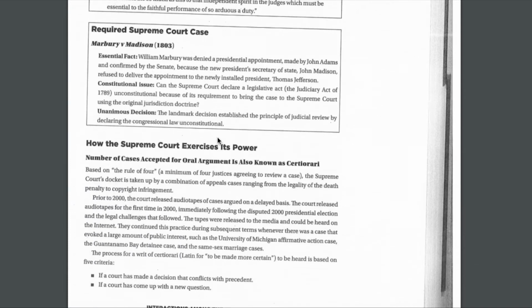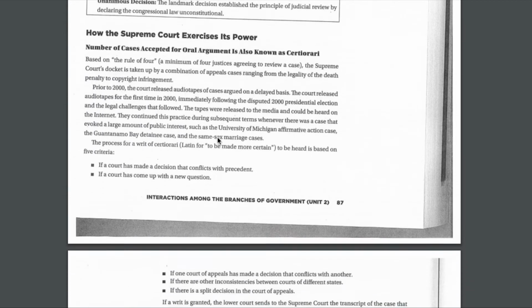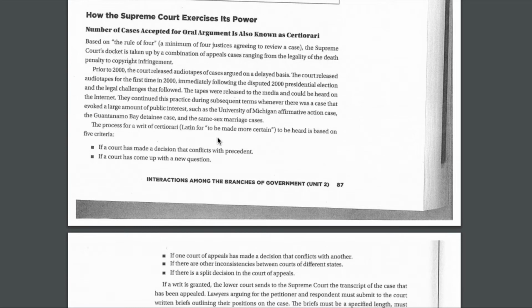Now, the process and how the judicial branch exercises their power. Cases are appealed all the time, and sometimes they reach the level of the Supreme Court, and the only way the Supreme Court will hear a case is if 4 justices agree to. So that's the rule of 4, and they put it on the docket.